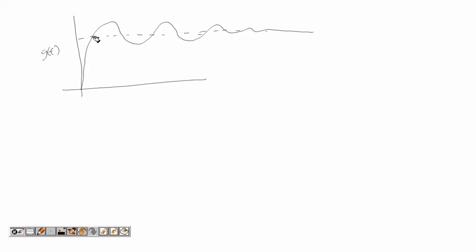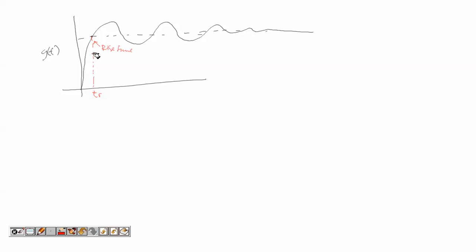The first is the time the process output takes to first reach the new steady state, which we call the rise time. So this is the rise time, TR.